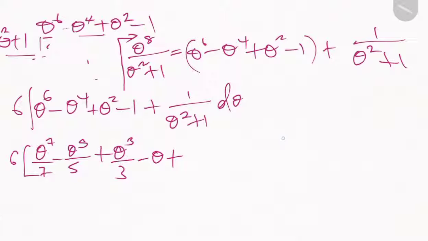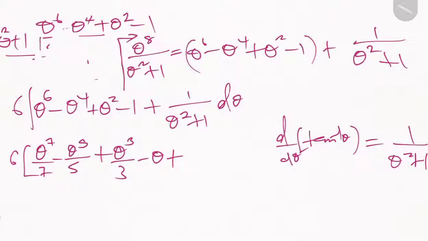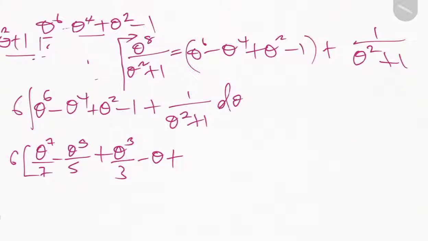Now remember that if you differentiate with respect to theta the tan inverse of theta, of course you have 1 over theta squared plus 1. So if you integrate this, then you have tan inverse of theta. So the integral of this is just the tan inverse of theta and plus c.